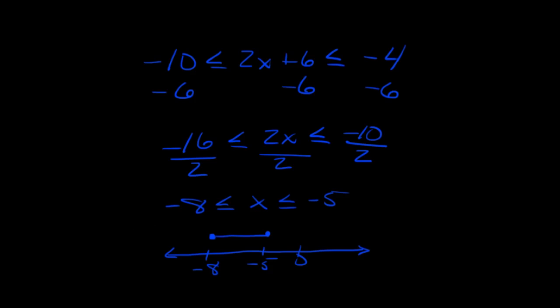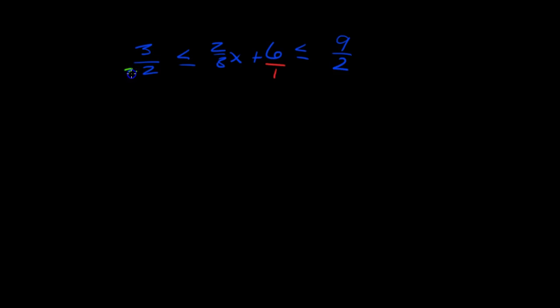Okay, so one last example. 3/2 is less than or equal to 2/3 x plus 6 less than or equal to 9/2. And we can treat this just like we treat any other problem where we might want to get rid of a denominator. In this situation, the common denominator for 2 and 3 would be 6.